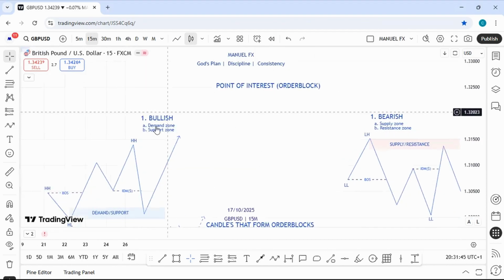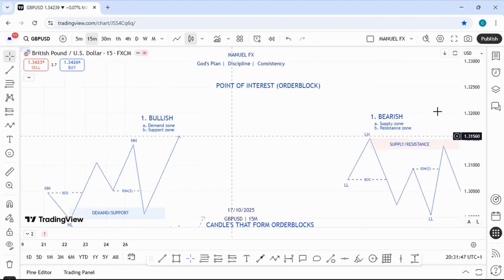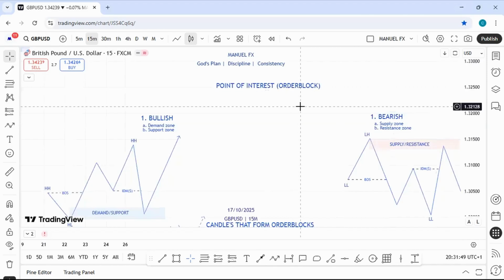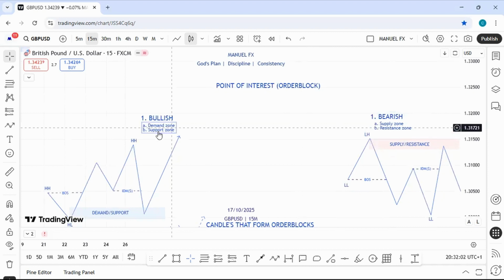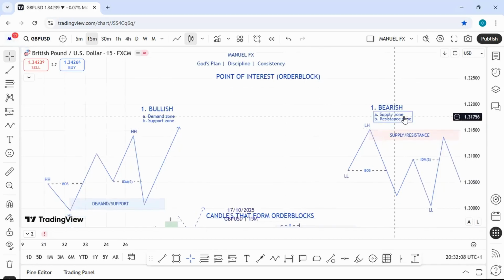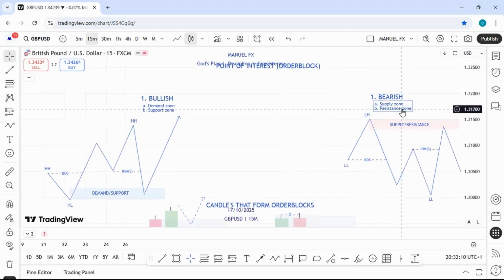Now, when it comes to order blocks, there are two types of order blocks. You have the bullish and the bearish order block. For the bullish order block, you can call it either demand zone or support zone. Then for the bearish order block, either you call it supply zone or you call it the resistance zone.